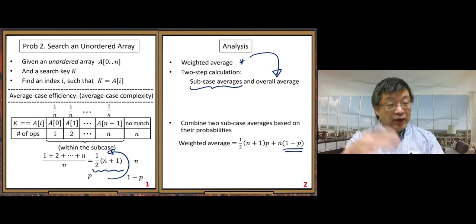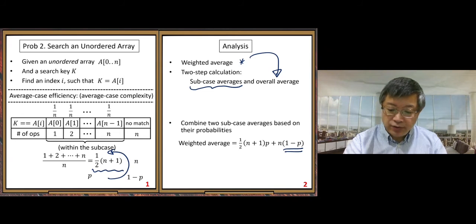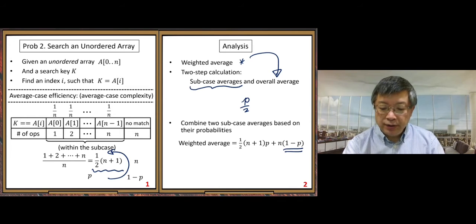All right, so we can simplify and combine the like terms. We get p over 2 as the coefficient of n, but there is another one, plus 1 times n, and 1 minus p.